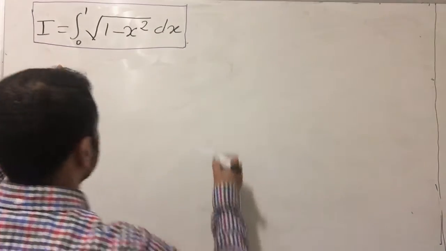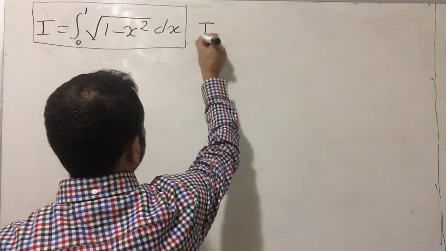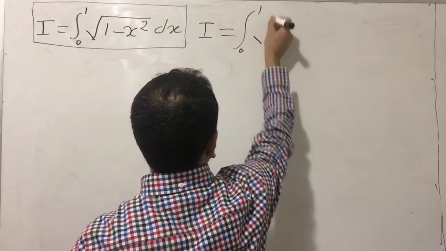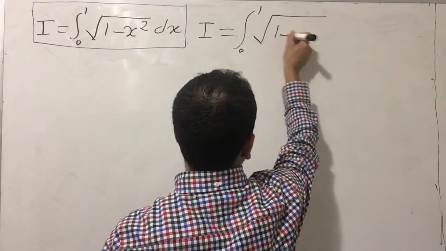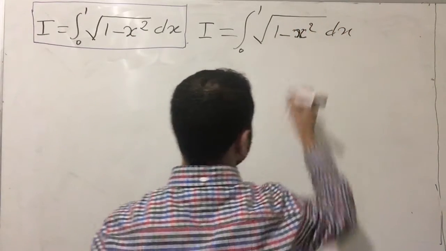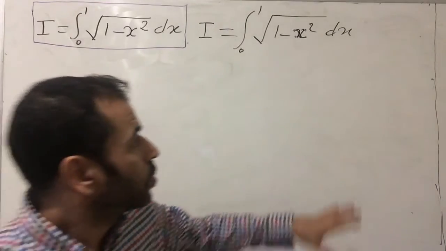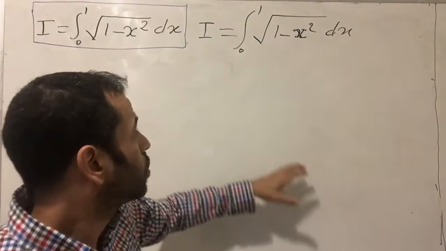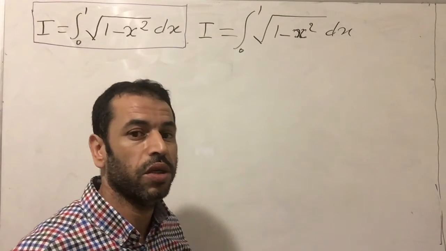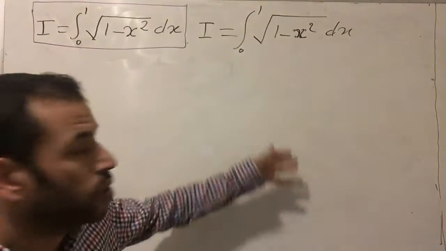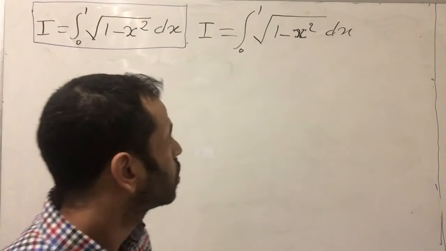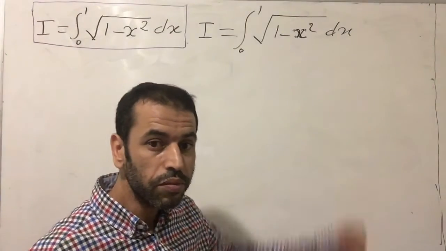As you see here, this integral I equals the integral from 0 to 1 of the square root of 1 minus x squared dx. If you try to do this by parts, it is not going to work.